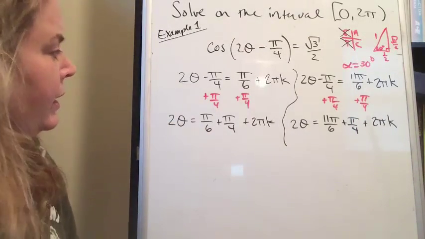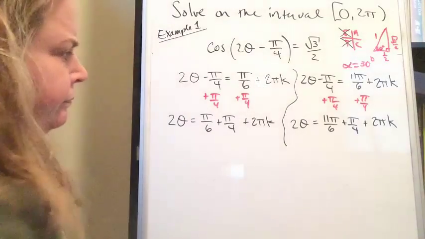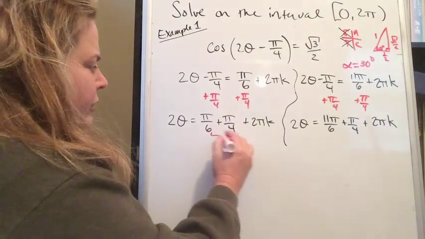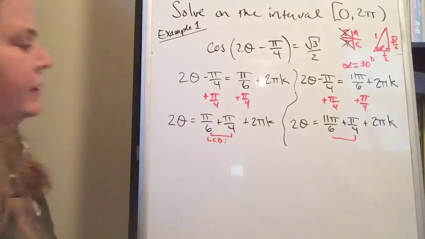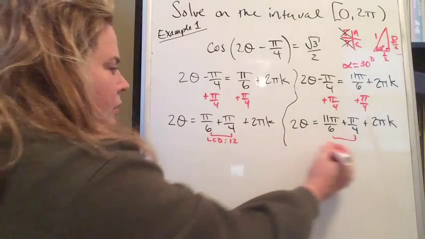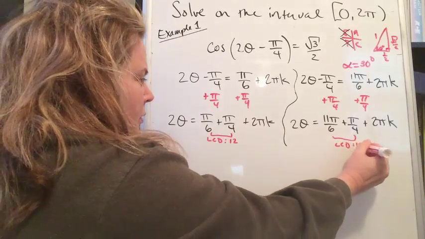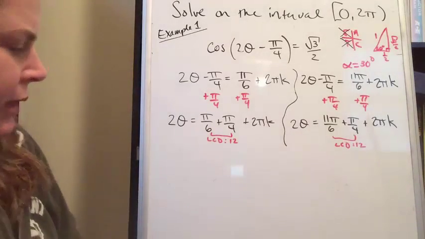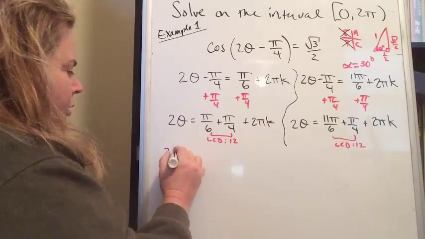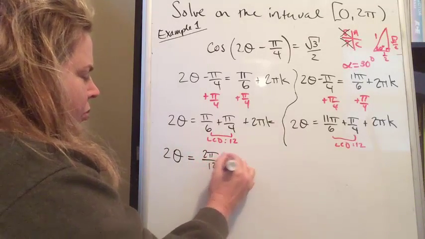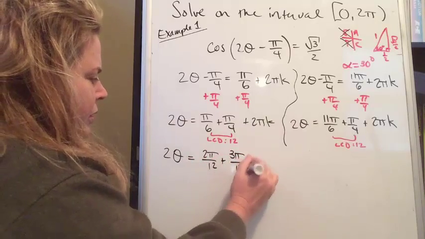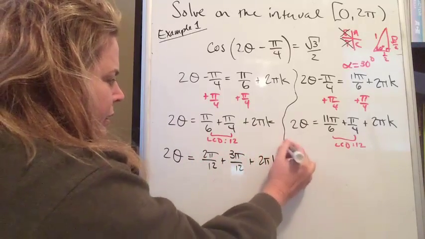All right. Let's add these two together. So in order to do that, I'm going to have to get an LCD. The LCD is 12. Okay, so let's turn these to have denominators of 12. 2 theta equals 2 pi over 12 plus 3 pi over 12 plus 2 pi k.